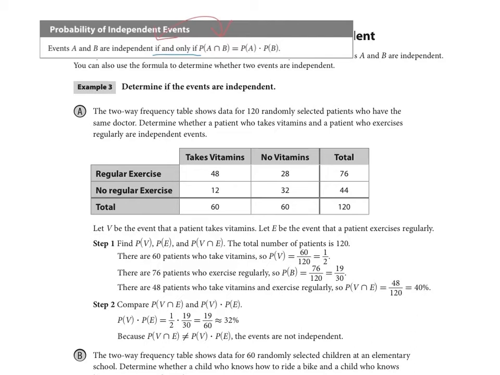But now we're going to reverse the logic and say, if we can make these probabilities work out this way, then that shows the independence is true. Before, we started by knowing they were independent, and then calculated that the probability was just the product of the two. Now we're going to say, if we can prove this mathematically, then they're independent. So that's what we're working on in this video.